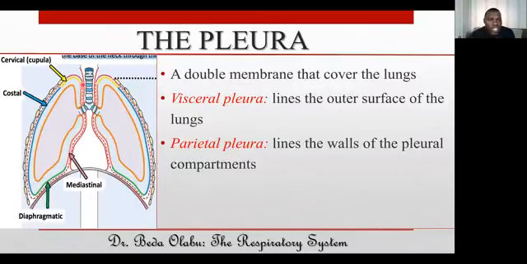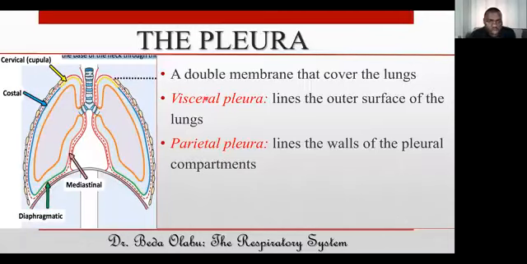And the parietal pleura that extends into the neck, that yellow one, is known as cervical pleura. So there are 4 parts of the parietal pleura: costal pleura, diaphragmatic pleura, mediastinal pleura, and cervical pleura.